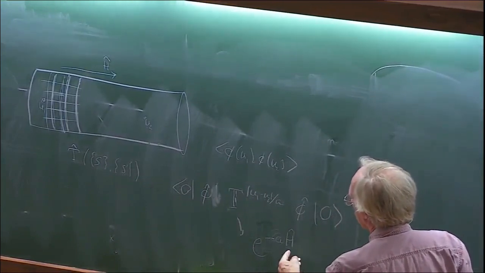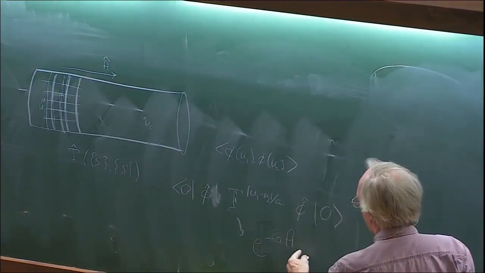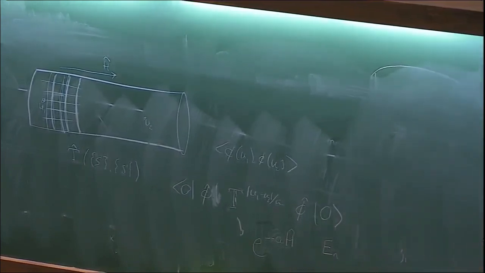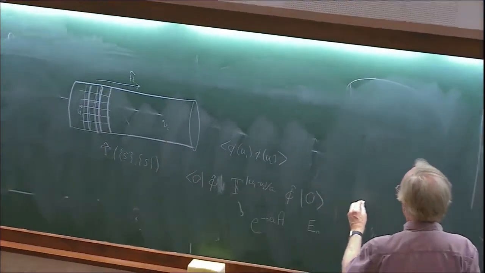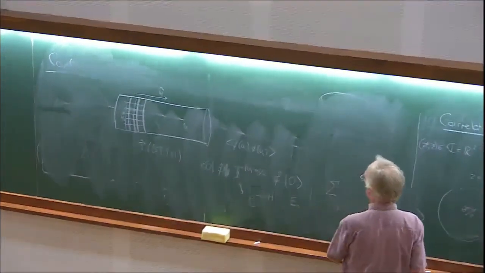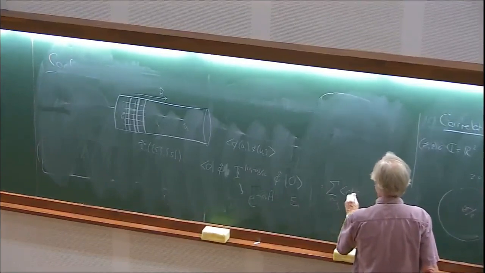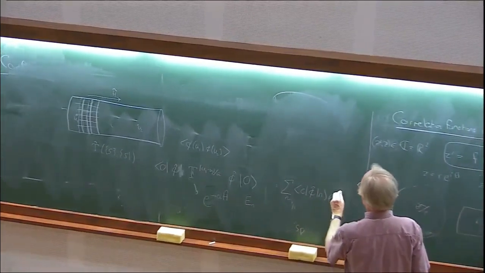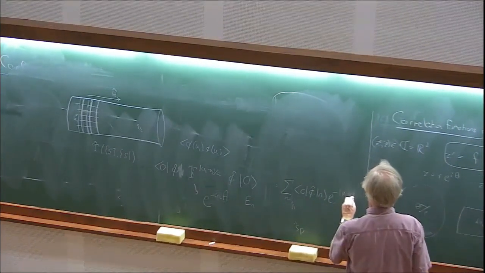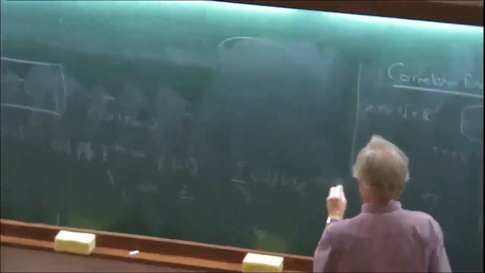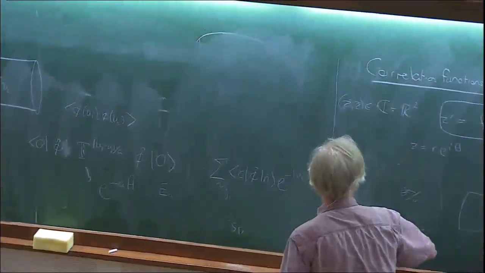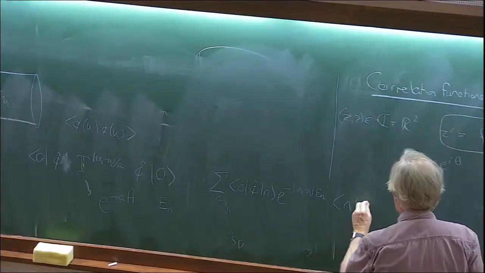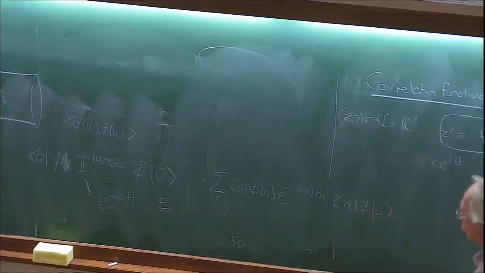Now, if I insert in here a complete set of eigenstates of my Hamiltonian, let me call these energies En, then I can write this as the sum over n of the matrix element of phi between 0 and n, times e to the minus u1 minus u2 times En, times the matrix element between n and 0.